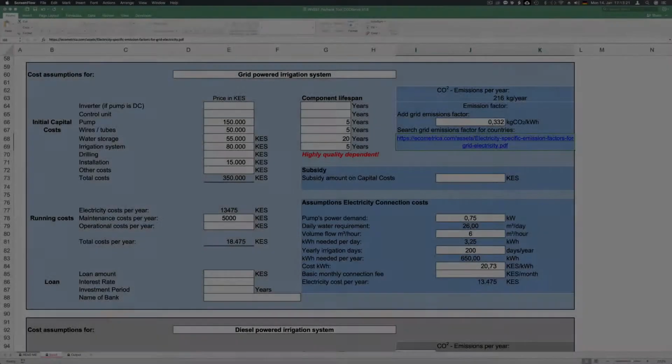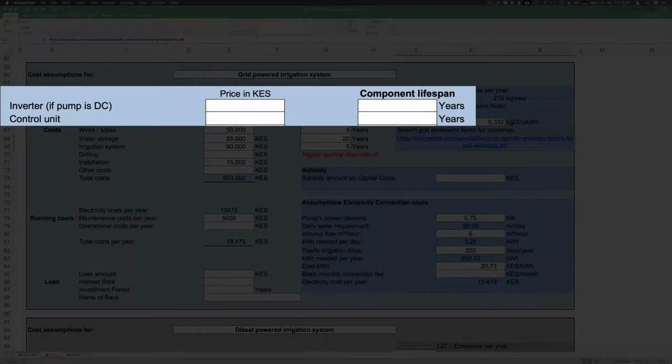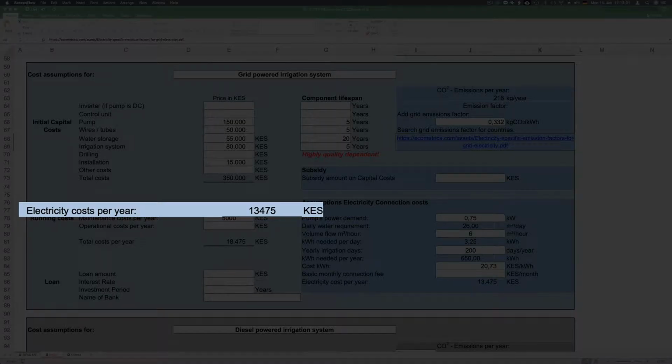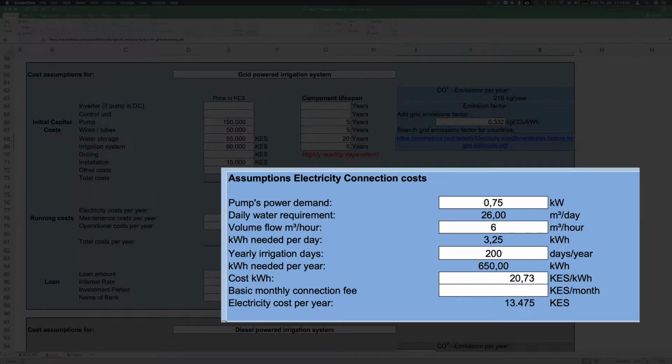Cost assumptions for a grid-powered irrigation system are as follows. We use no inverter and no control unit. Electricity costs per year amount to 13,475 Kenyan shillings. These costs are calculated with assumptions as given on the lower right of this section.